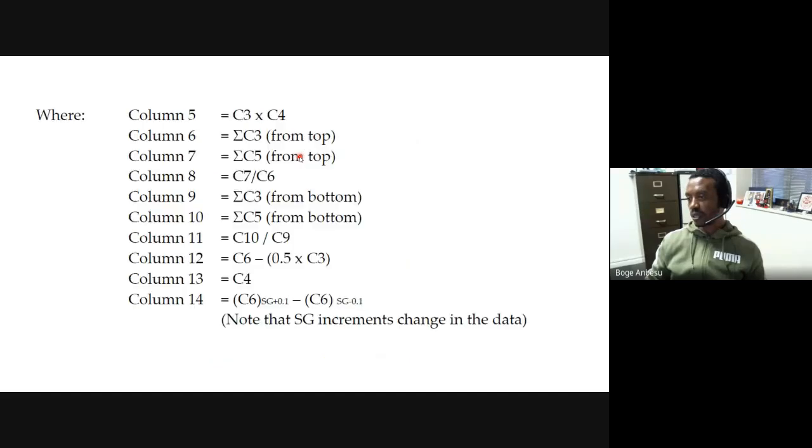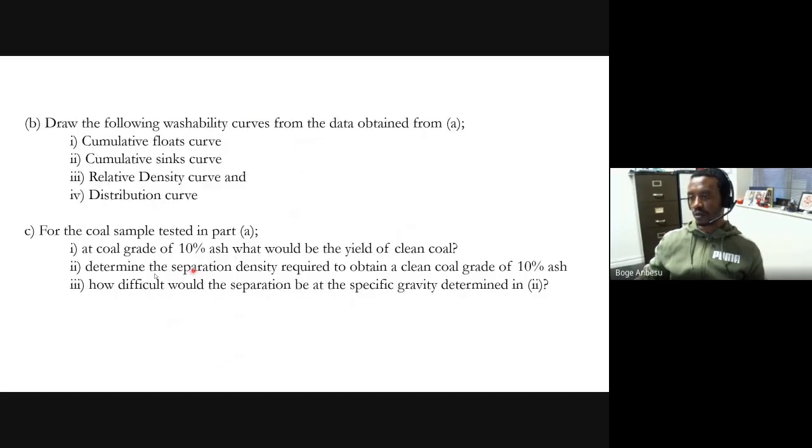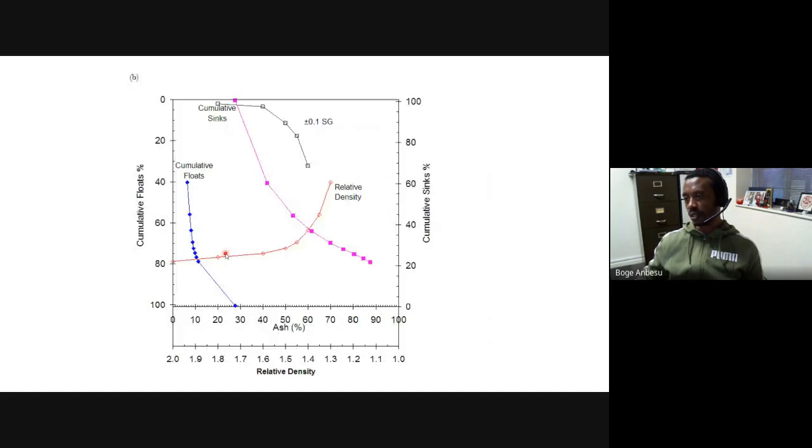Based on this, you can answer these questions. If it's 10% ash, what's the yield at 10% ash? For that, we use the cumulative floats curve. So we come here, that's the blue curve, and we say somewhere here is where I should target 10% ash.